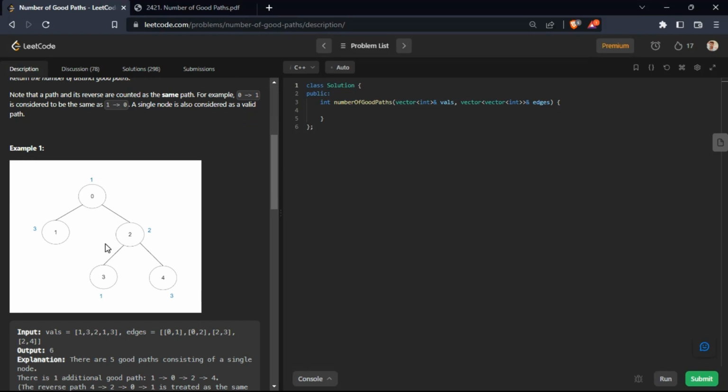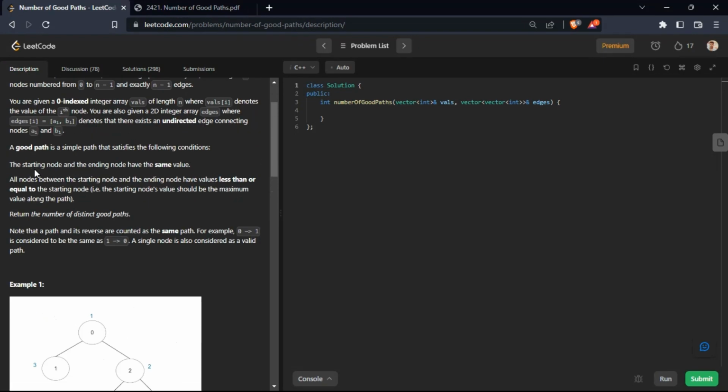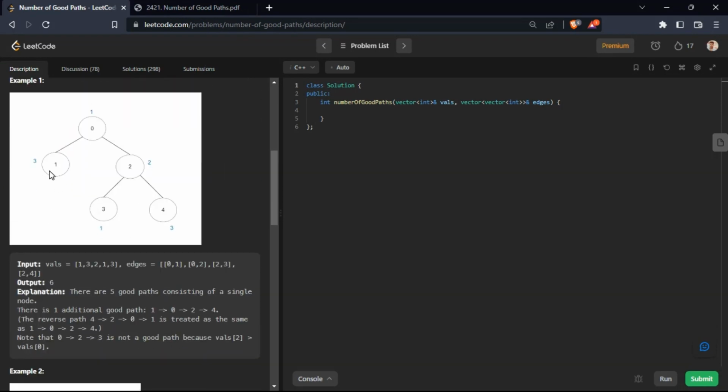In the first example, the number of good paths is already 5, because every node by itself is a good path. But if we look closely at the second condition, for the two nodes with value 3, the nodes 1 and 2 in between are smaller than 3, and this is a possible solution.